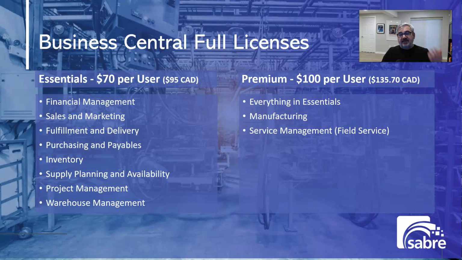Okay. So we have Business Central Full Users as the first license type, and it comes in two flavors. It comes in Premium and Essentials. And you must have everybody using the same version. So without getting into too much depth, Essentials handles everything virtually any business needs, except, I would say, very hardcore manufacturing.